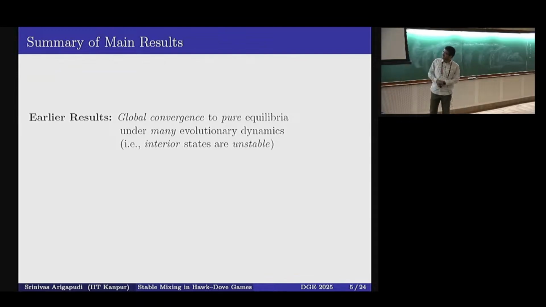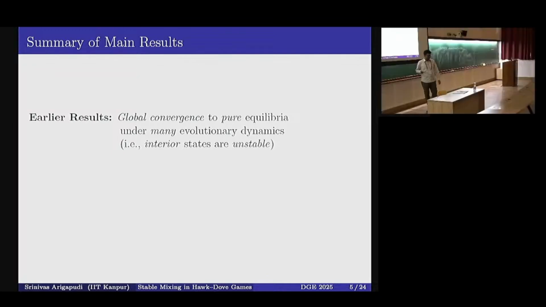Earlier results in the literature suggest that under many evolutionary dynamics, which includes the most commonly studied replicator dynamics and also other dynamics related to best response dynamics, only the pure equilibria are going to be stable. Meaning that if you have two populations, agents in one population are all going to choose a hawkish action, and all agents in the second population are going to choose the dovish action.